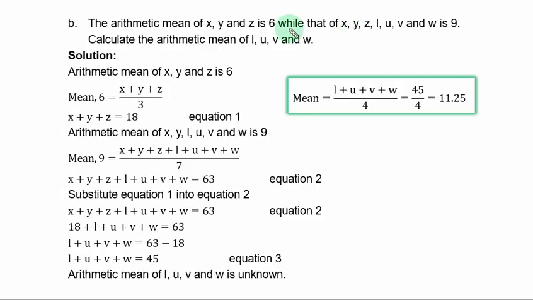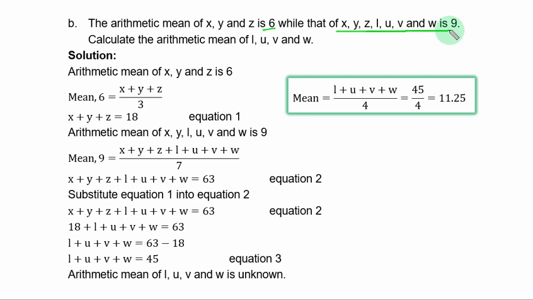Question 3b. The arithmetic mean of s, y and z is 6, while that of s, y, z, l, u, v and w is 9.